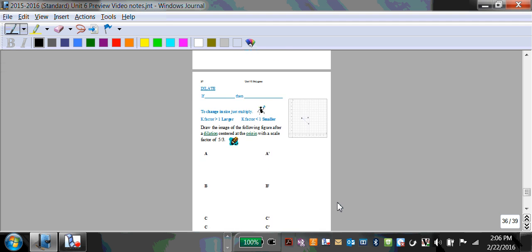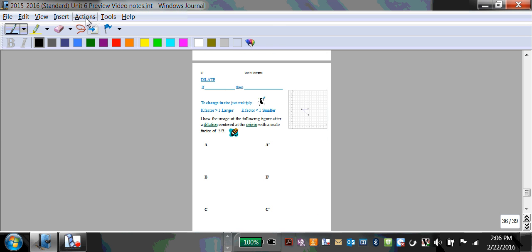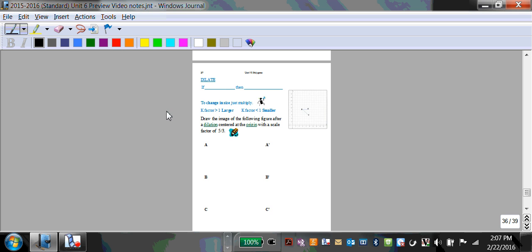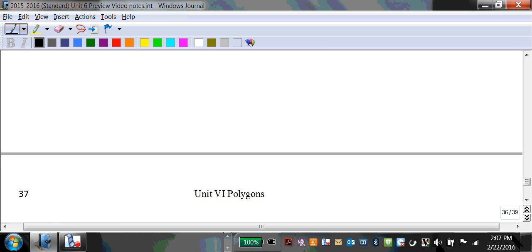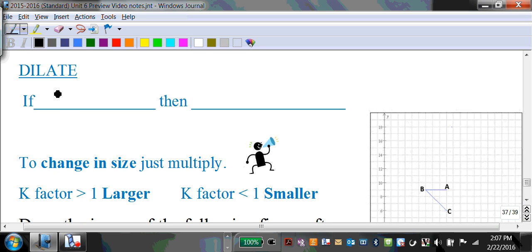Last one we did in class is dilation. It's to change in size, you multiply. So this one's a little bit of a review. So to change in size, you multiply.